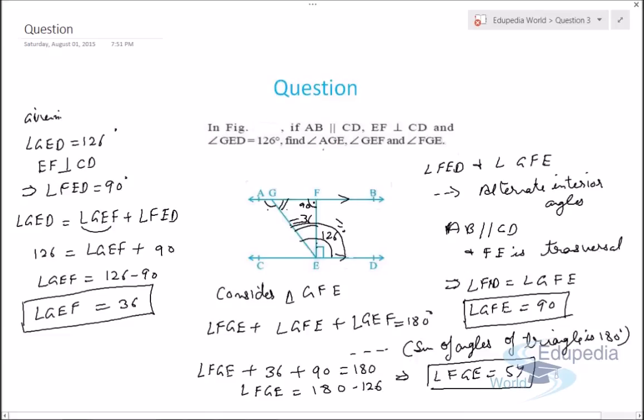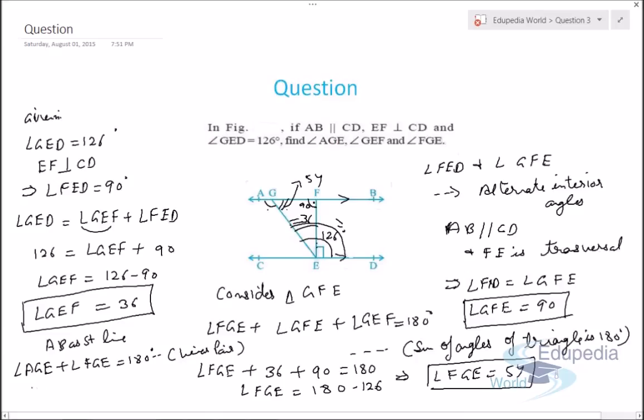Now we need to find angle AGE. So we got this angle as 54. Now if we consider AB as a straight line, then angle AGE plus angle FGE will be equal to 180 degrees. So we can write it as a linear pair.